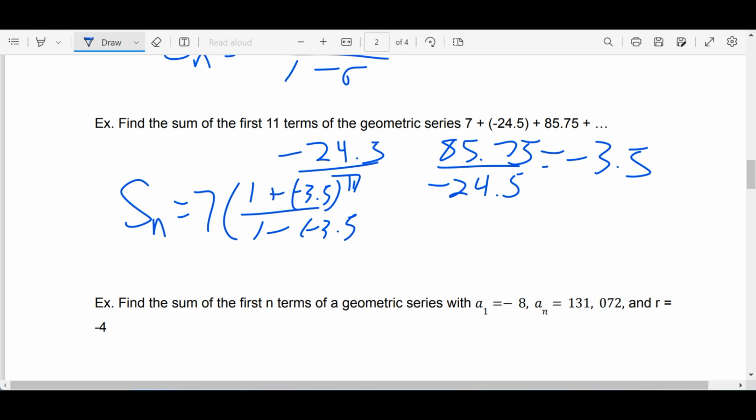I'm sorry, this should be minus right here as well. And when you plug that in, what do we get? A really big number once again. It's going to be about 1,501,877.34.